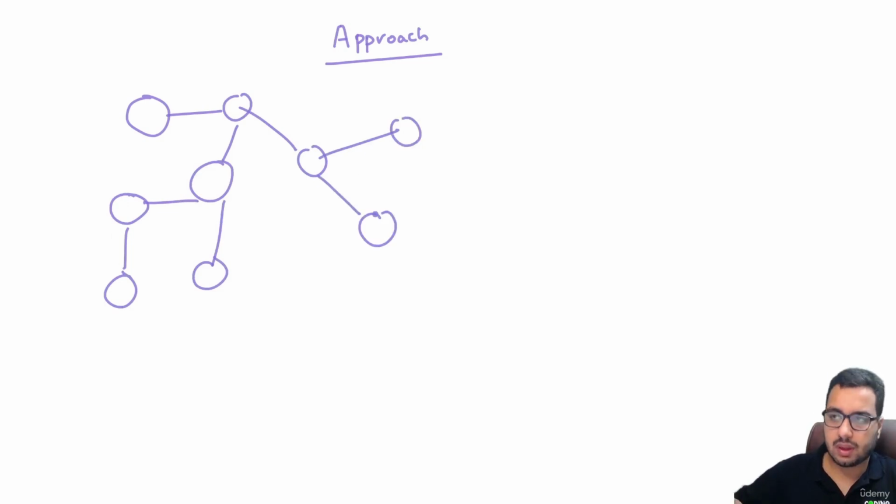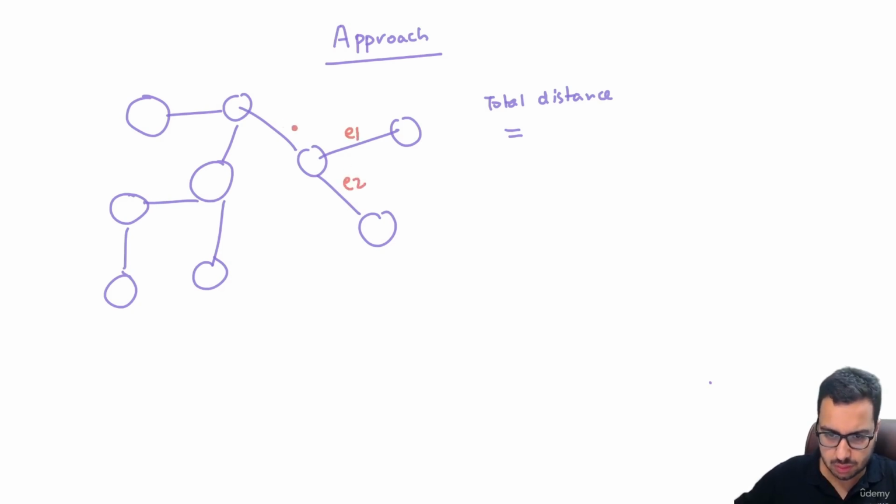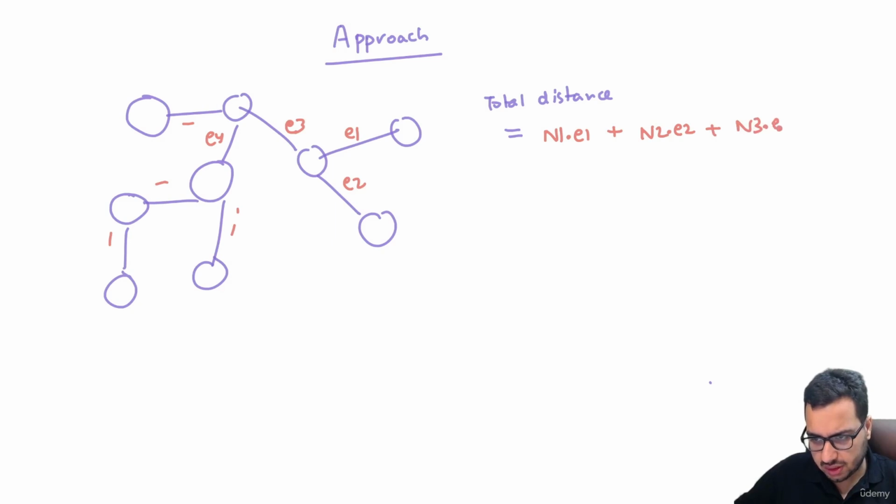We don't know. So now one thing we know is that the total distance traveled would be nothing but, let's say, if the edges are e1, e2, e3, e4, and so on, then the total distance would be nothing but some constant c1, n1 times e1 plus n2 times e2 plus n3 times e3 and so on.